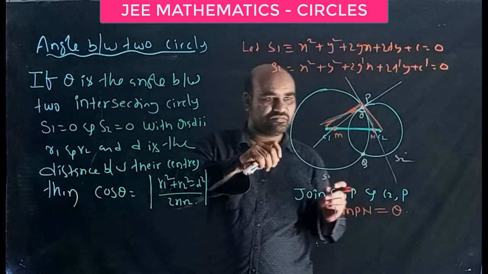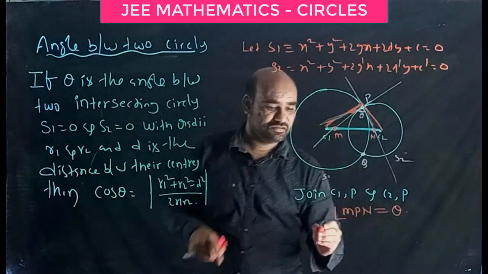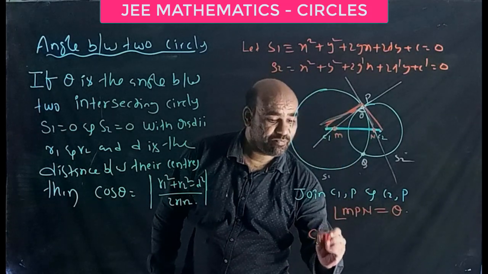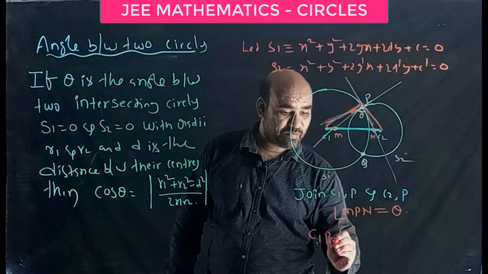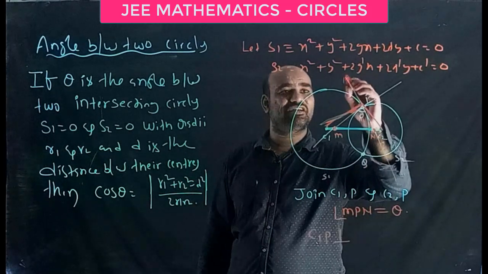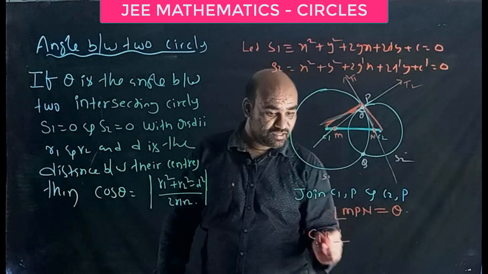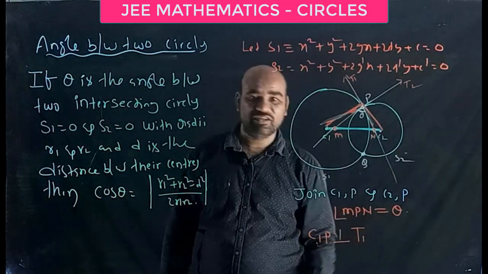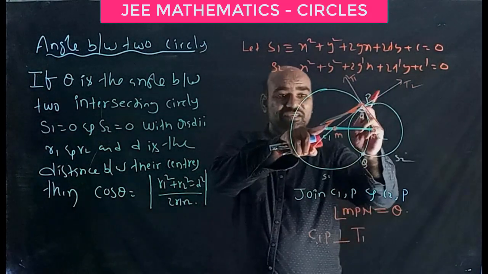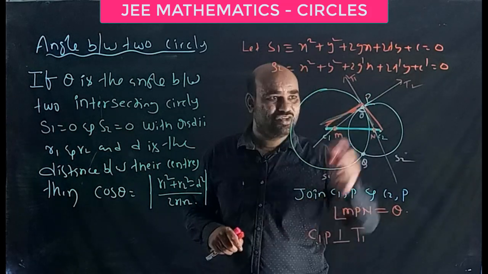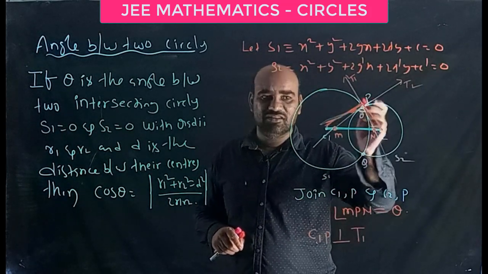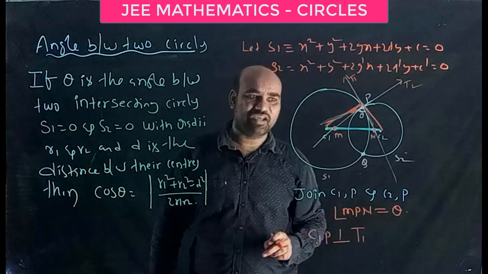Important thing is, C1P is perpendicular to, say this is tangent 1, say this is tangent 2. C1P is perpendicular to tangent 1, because C1P is the radius of the bigger circle, no? So this is the point of tangency, so the radius should be perpendicular at that point of tangency.